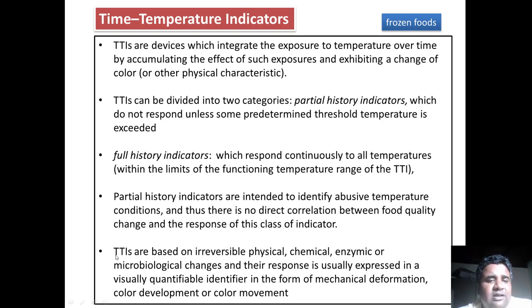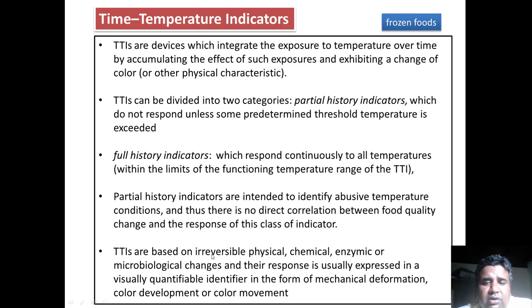Okay. So these time temperature indicators are based on irreversible physical, chemical, enzymic, or microbiological changes, and their response is usually expressed in a visually quantifiable identification in the form of mechanical deformation, color development or color movement. Meaning, what is the working mechanism, or how does this time temperature indicator work?